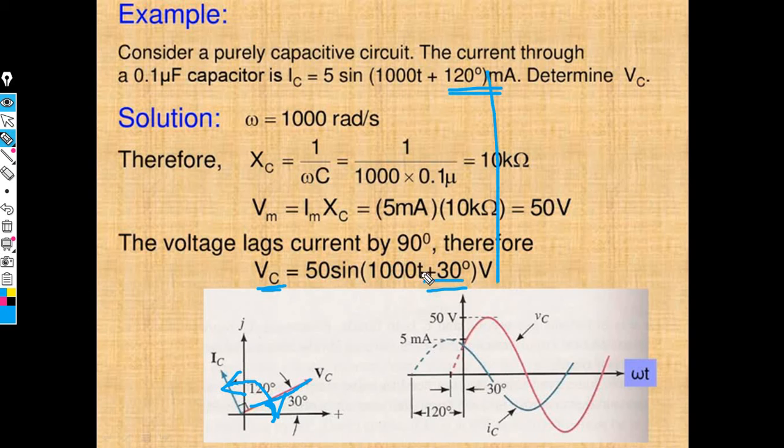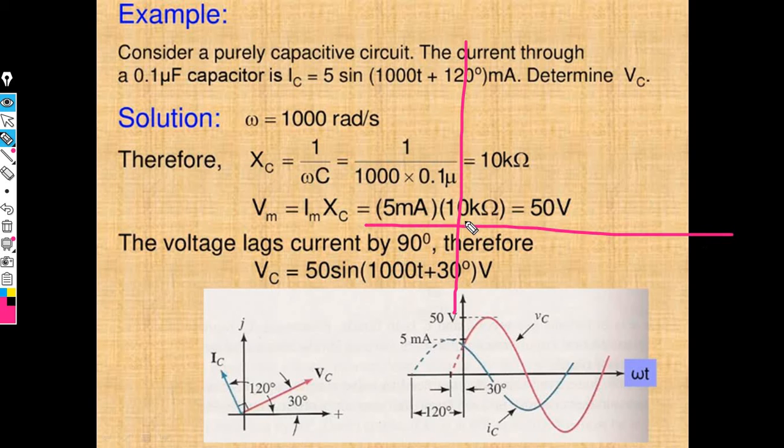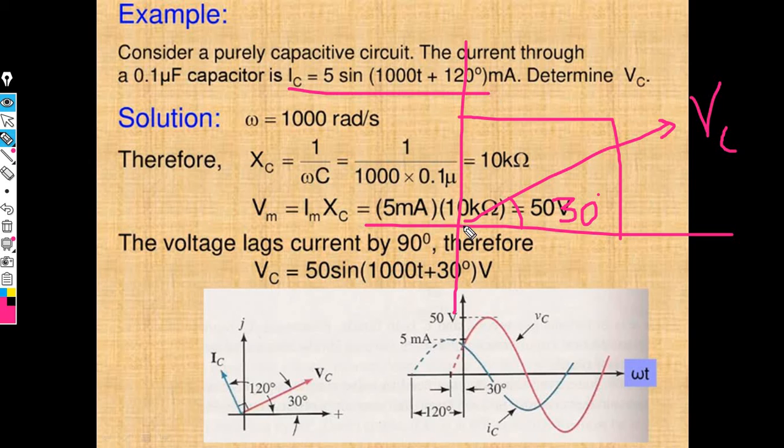That means this is the waveform. I have drawn one waveform here. The voltage angle is 30. This is a 90-degree angle, but for IC we require 120, so again add 30. This is the 30-degree angle.